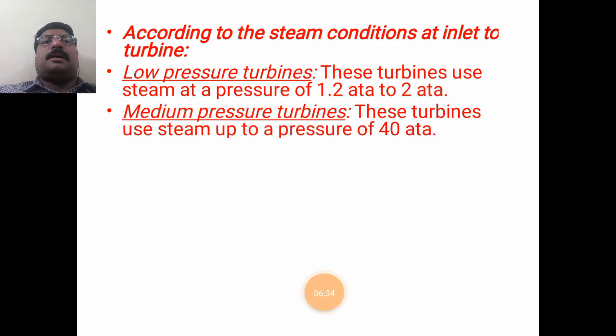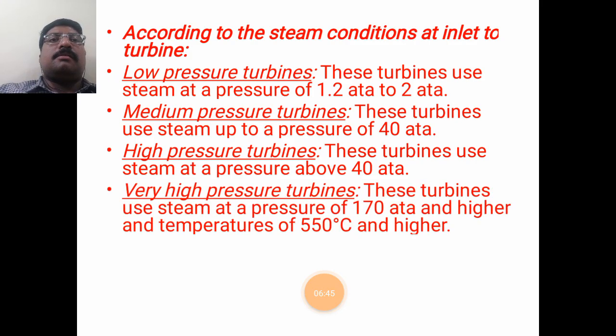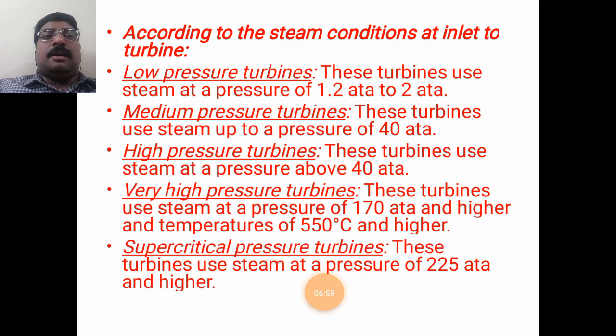Medium pressure turbines operate up to 40 atmospheres, and high pressure turbines are above 40 atmospheres. Very high pressure turbines are above 170 atmospheres with temperatures above 550 degrees centigrade, that is, superheated region temperatures. Such turbines are called very high pressure turbines and supercritical pressure turbines.